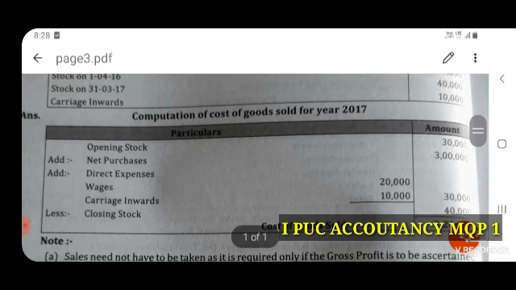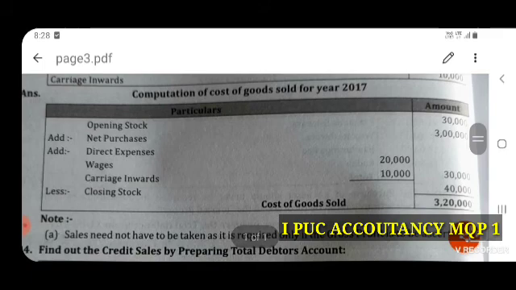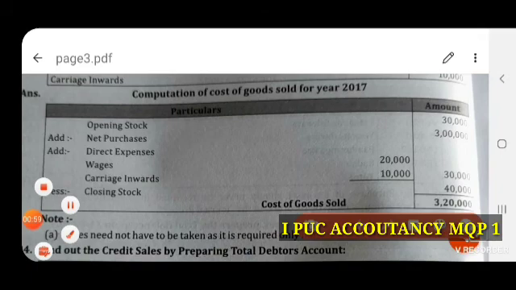Now see the answer. Calculation of cost of goods sold. We added opening stock, purchases, direct expenses, and from that closing stock we have minused.